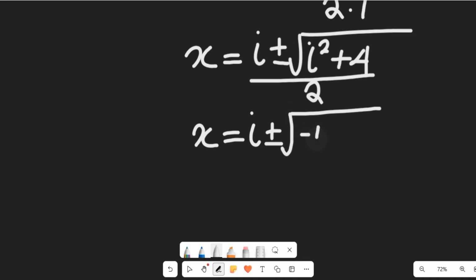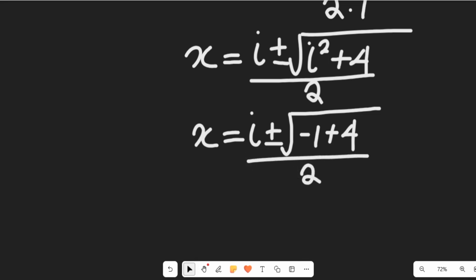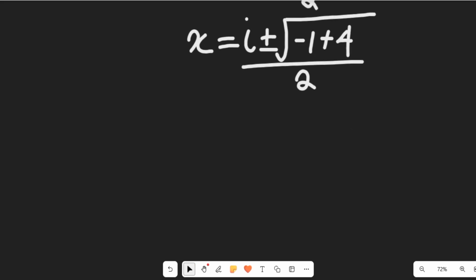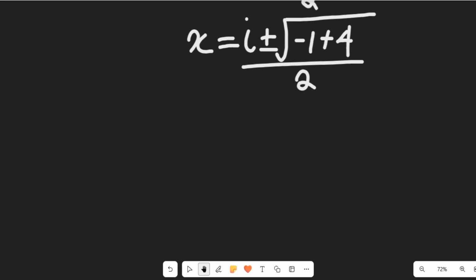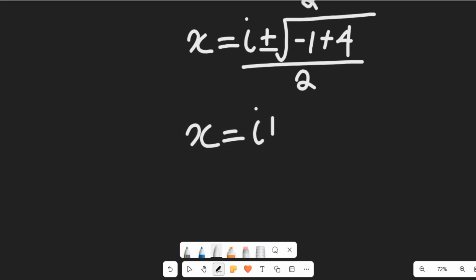So we will get minus 1 plus 4, and all of this will be divided by 2. So what I will do here is to find the value of what? Of x. So if I find the value of x, I will get that expression to give me x equal to i plus or minus the square root of minus 1 plus 4, which will give us 3, and all of this will be divided by 2.